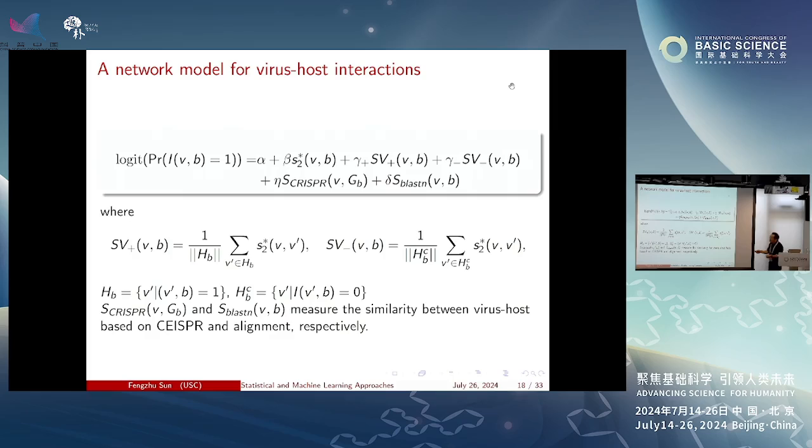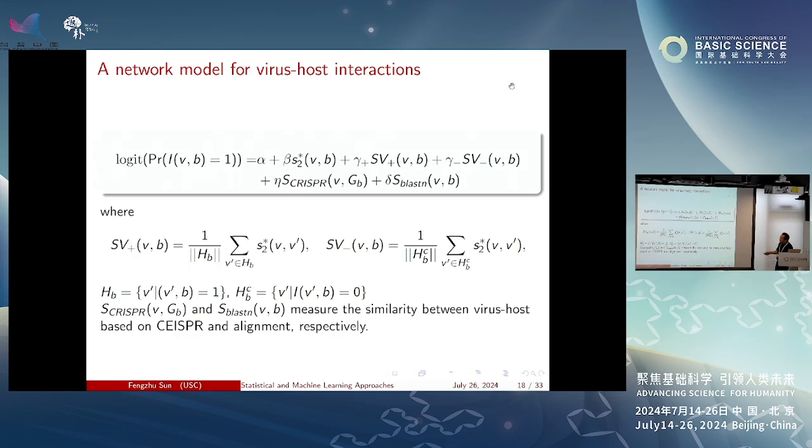Alpha is the background, and beta, the S2 star, indicates the virus and host similarity, that's here. And then gamma plus just indicates the similarity between this virus and all the viruses that affect those bacteria. So that's just how similar this virus is to the existing viruses that impact this bacteria.